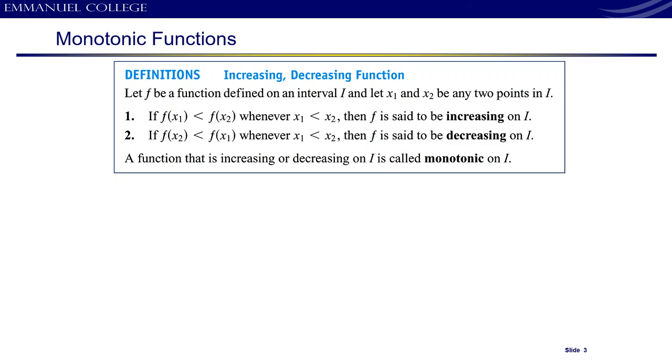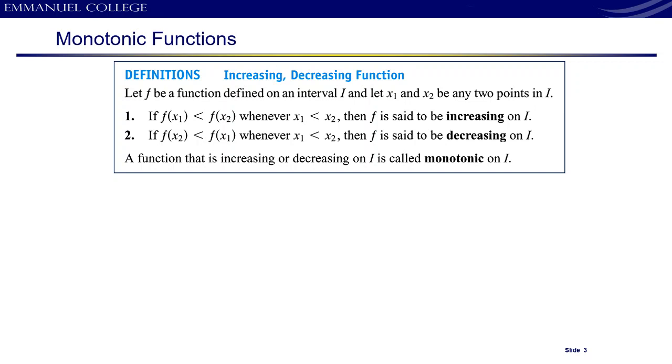So this is a formal way of saying what I was just talking about with the function. Let f be a function defined on an interval, and let x1 and x2 be any 2 points in it.